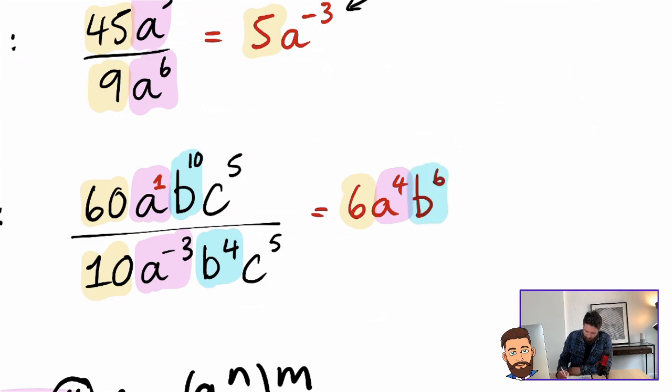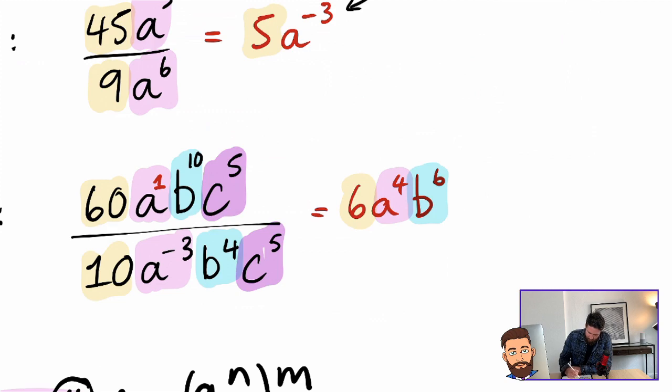And then finally, we have a c, so we can focus on the c. What does the c say? Well, the c says c to the 5 divided by c to the 5. You have to be a little bit careful here. c to the 5 minus c to the 5. Well, you minus the powers, that would give you 0.